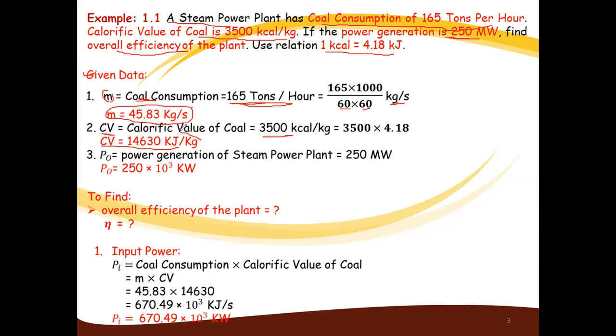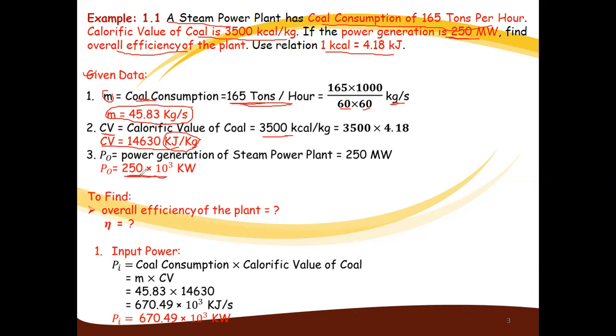This unit is always required, kilojoule per kg. The power generation is given as 250 megawatt. We convert that 250 megawatt into kilowatt, so that is 250 into 10 raised to 3 kilowatt.